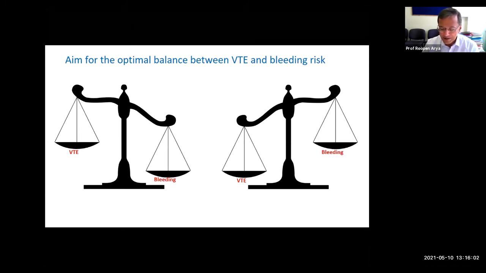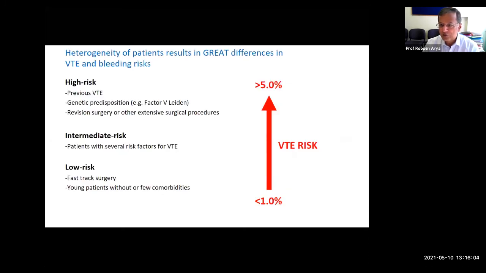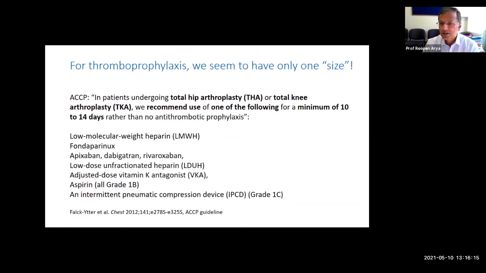So we need to understand the heterogeneity of the patients, with regard to both VT and the bleeding risk. And we need to refine the approach to thromboprophylaxis, where currently we seem to have only one size for all the patients, across the modalities.